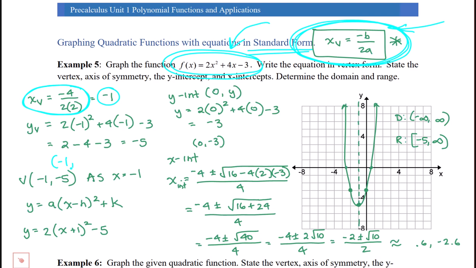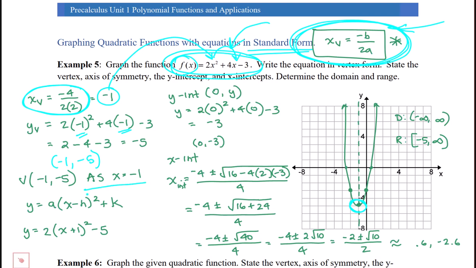To find the y-coordinate, we just plug in the x values here and here, and we'll find the y-coordinate of that x value. So we plug in the -1 here and here, and work it out from left to right, watching for the order of operations, and we get -5. So our vertex is -1, -5.